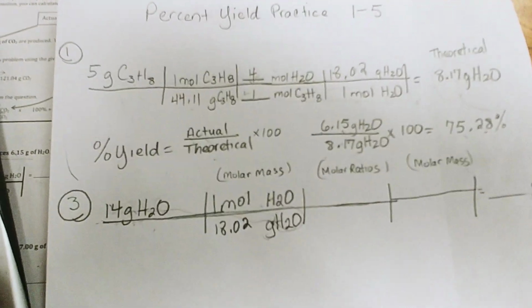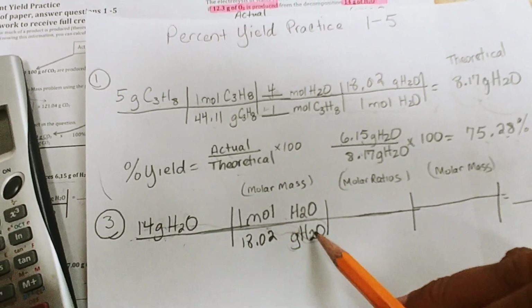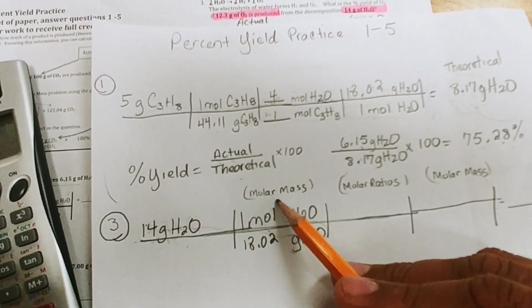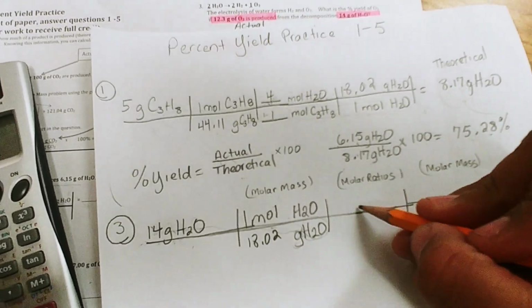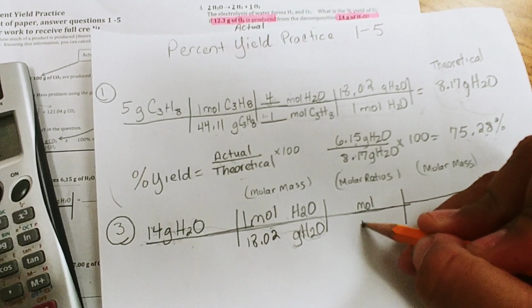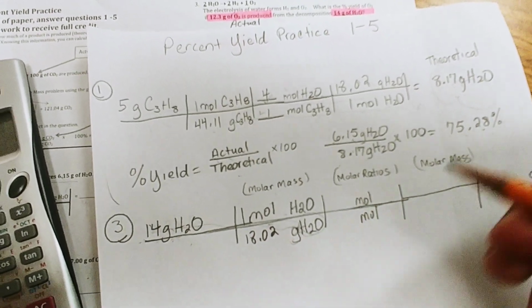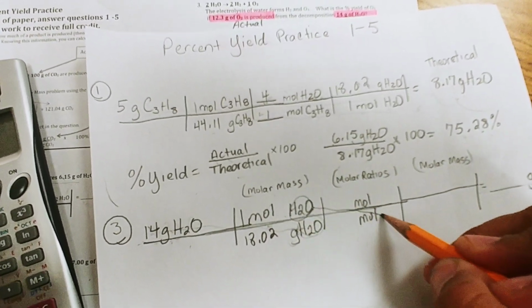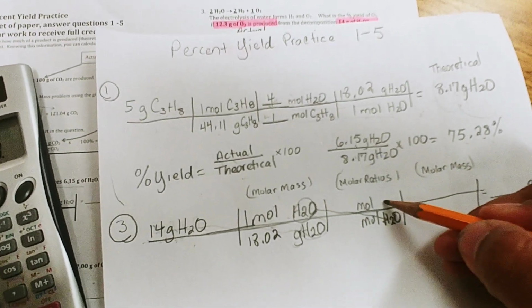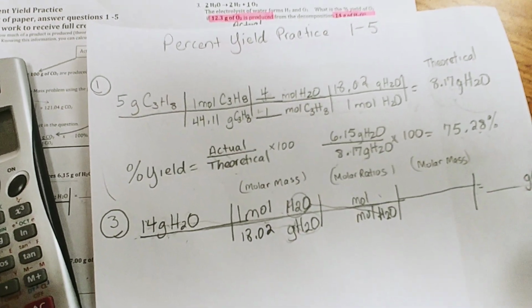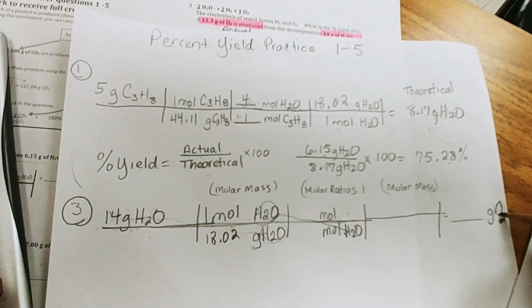Okay, when we do a molar mass step, automatically the next step is going to be the molar ratios. And for the molar ratios, remember, it's moles on top and moles on the bottom. This substance gets repeated here, so it's moles of H2O, and this substance is going to be the one we're looking for. So we're looking for grams of O2.